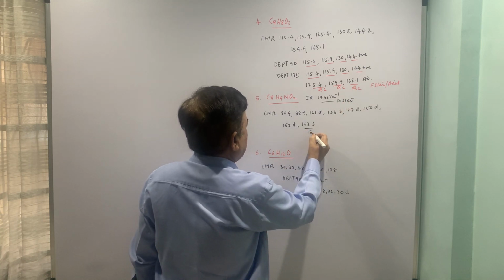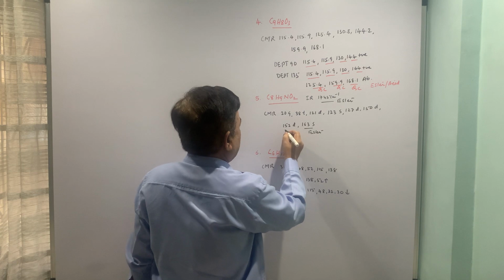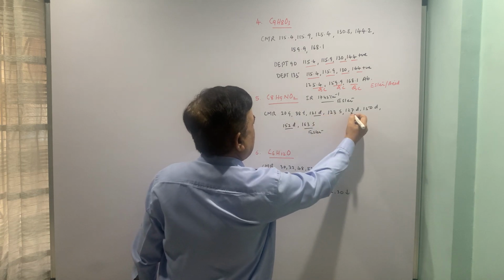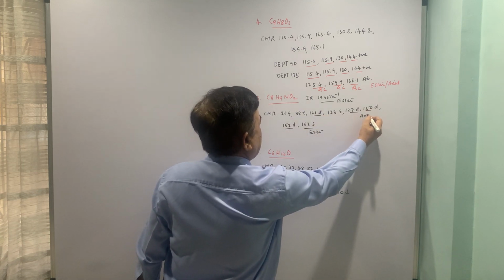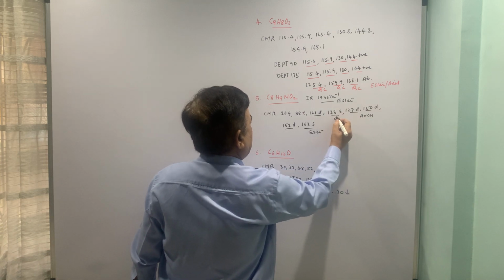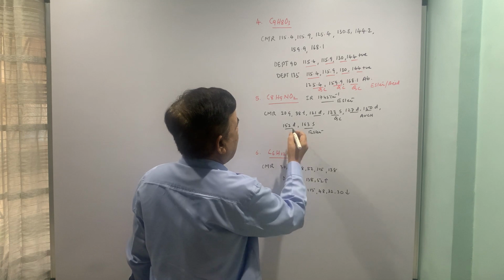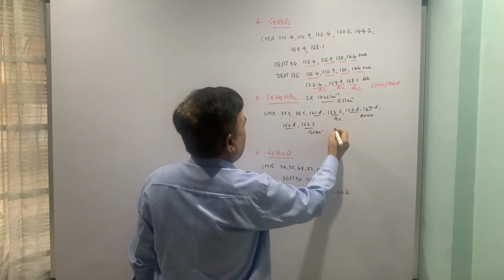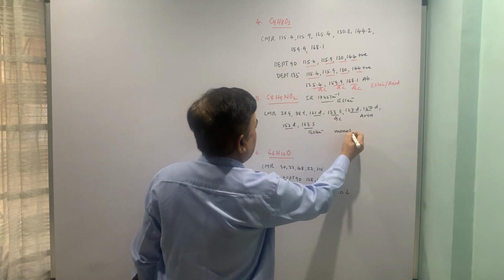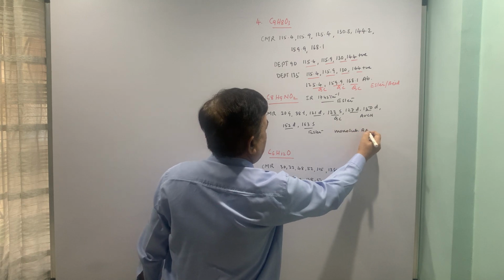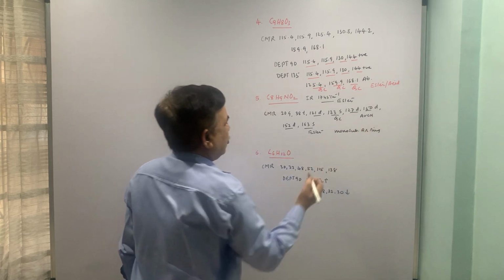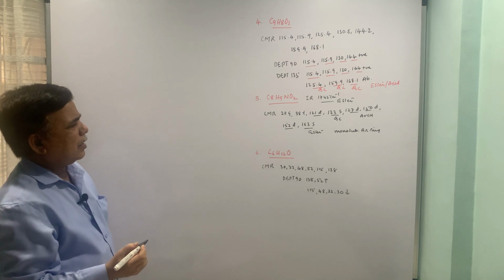Even here ester is defined. These doublets are aromatic CH. These are quaternary carbons. Okay. So one quaternary carbon is seen, 1, 2, 3, 4. So it is a monosubstituted ring. Monosubstituted aromatic ring is there.